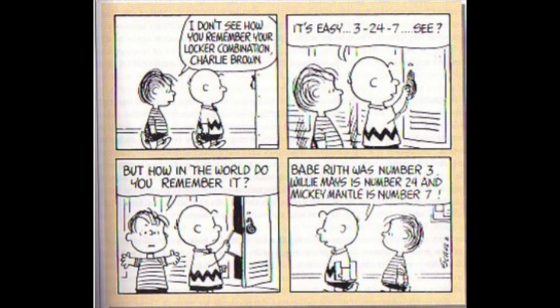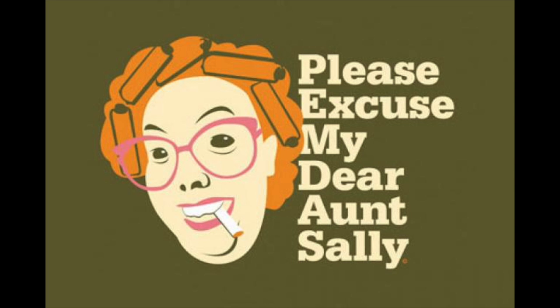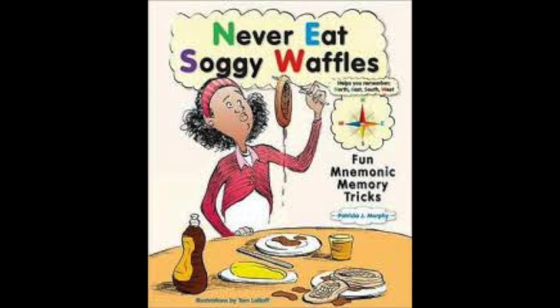One of the ways that you can increase the likelihood of remembering information that's stored in your long term memory is, of course, with elaborative rehearsal, but another way is with mnemonic devices. So, mnemonic devices can be songs, they can be acronyms, but they are formal techniques for organizing information in a way that makes it more likely to be remembered. In fact, much more likely.